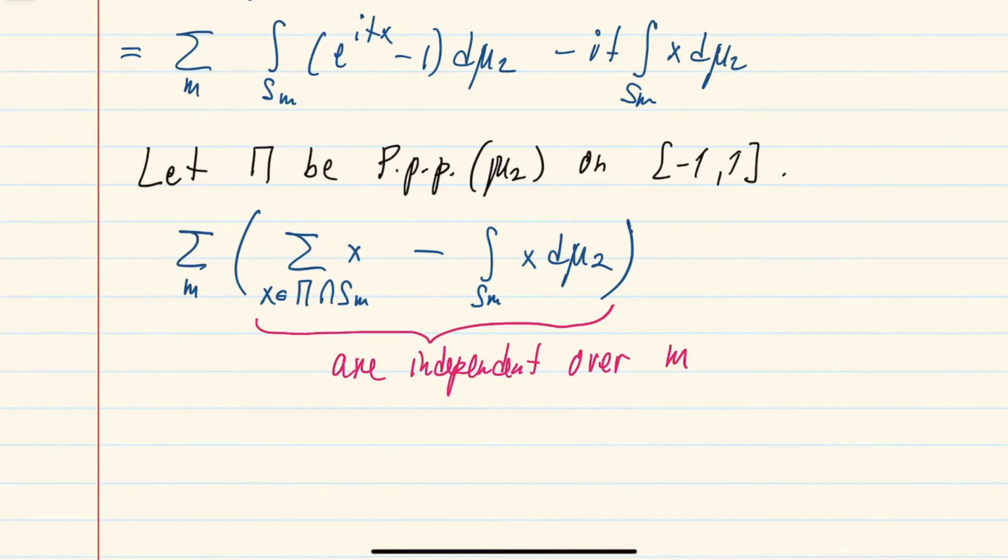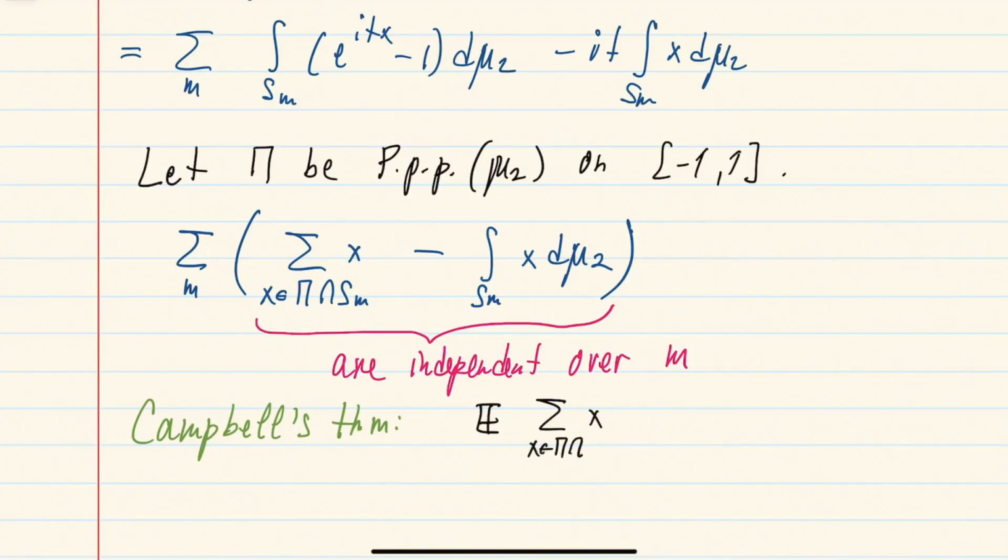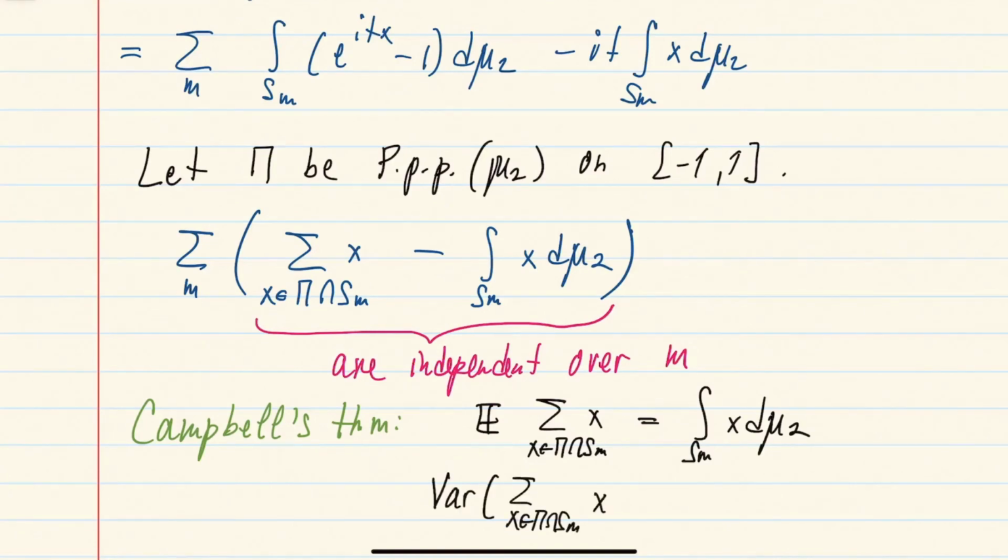So this is just a series of independent random variables, and then we appeal to Campbell's theorem again, which tells us that the expectation of the sum of x's inside one element of this partition is exactly this integral that we subtract. So the random variable above is centered, and the variance is given by the integral of x squared.